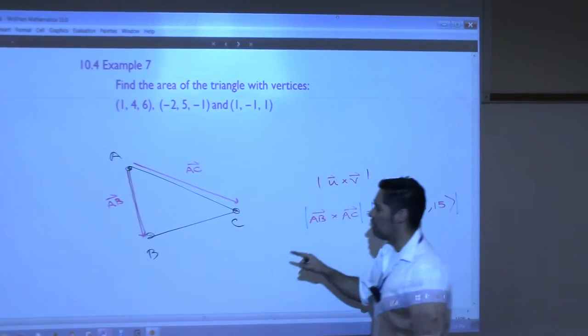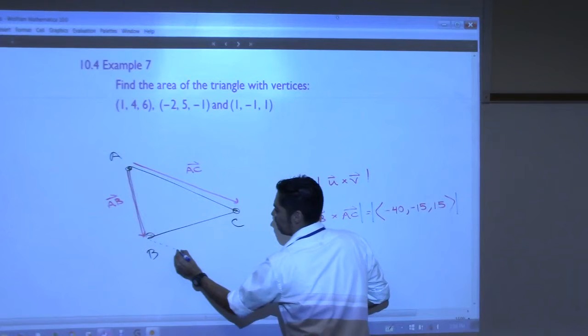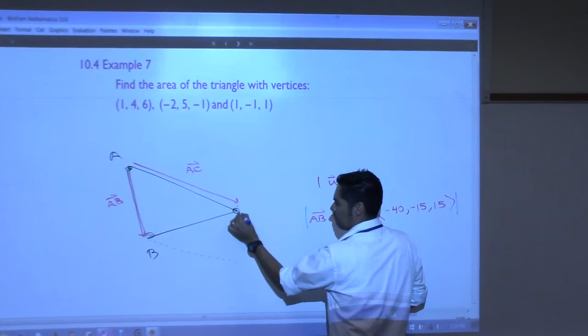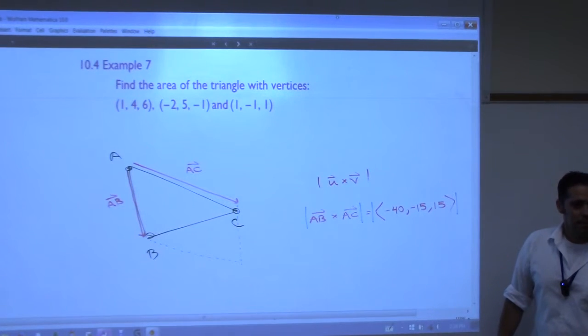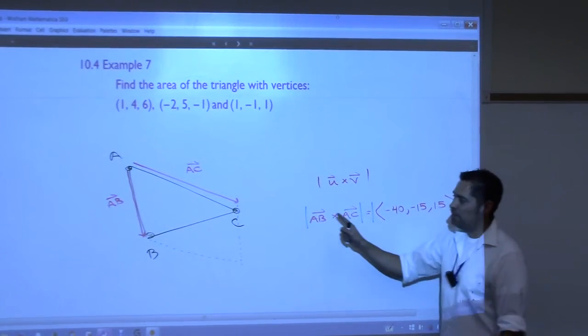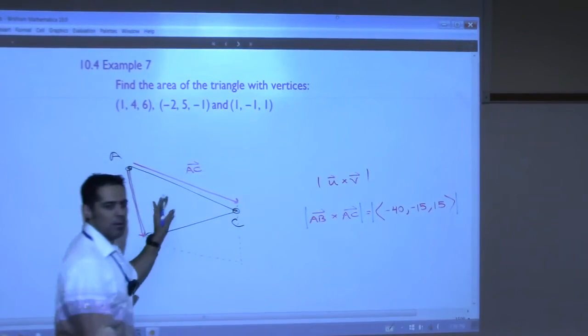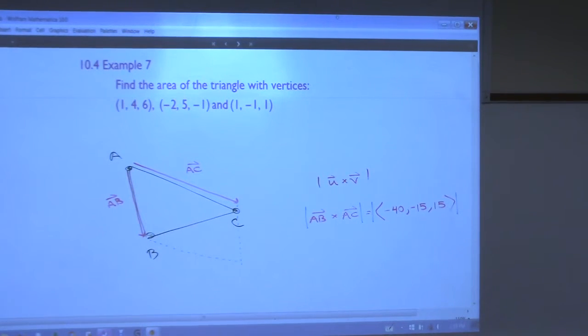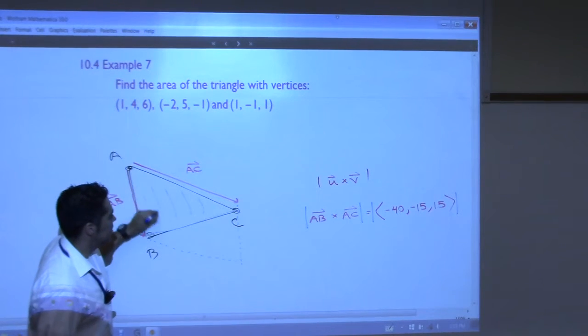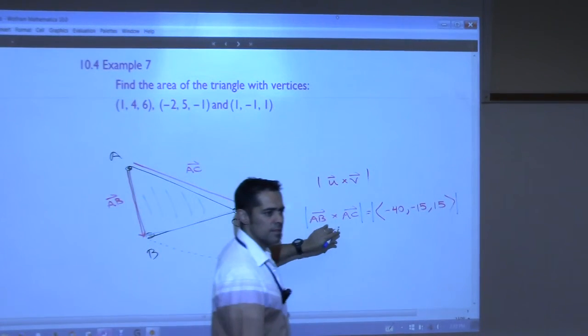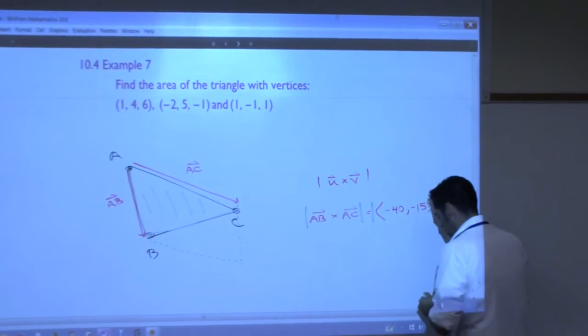Now let me show you the parallelogram formed by those two vectors. It's that, right? And so if I'm trying to find the area of the triangle, I want half of that parallelogram, don't I? So this area will be half of this. Understand?